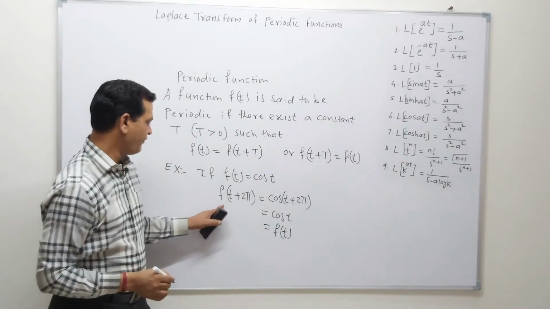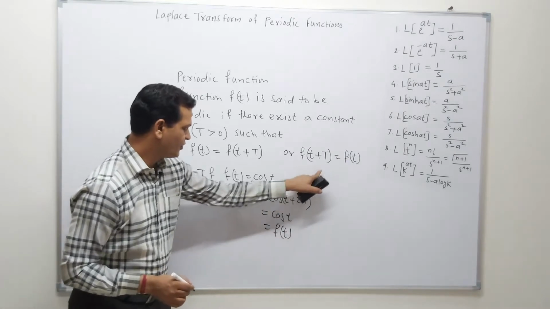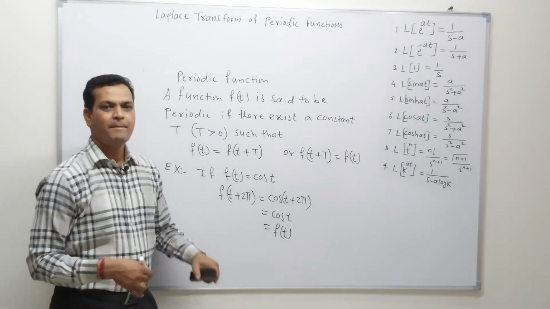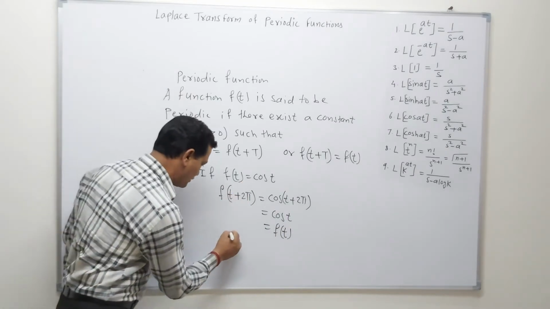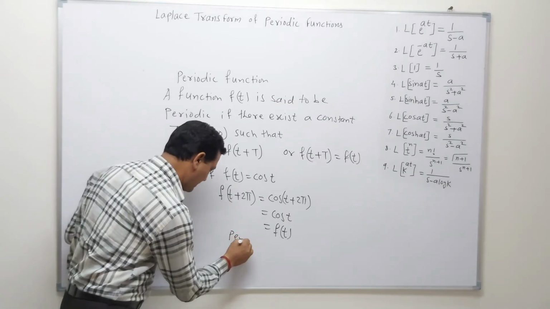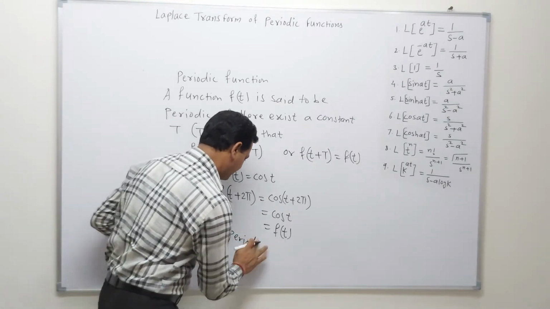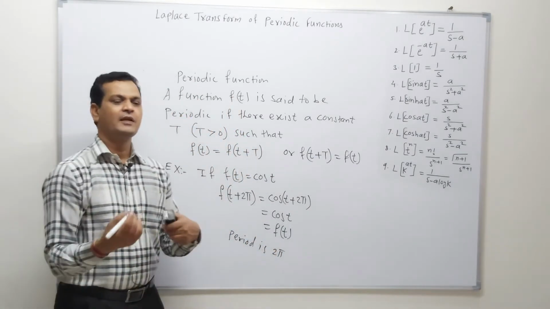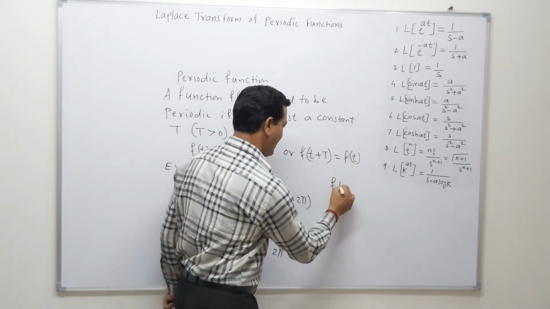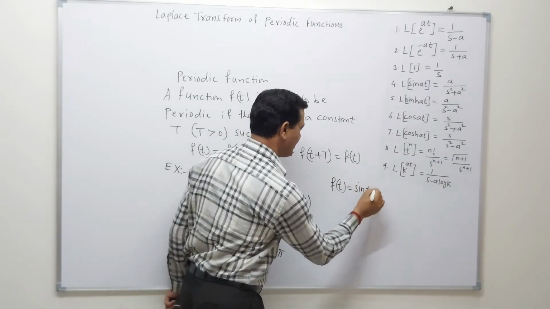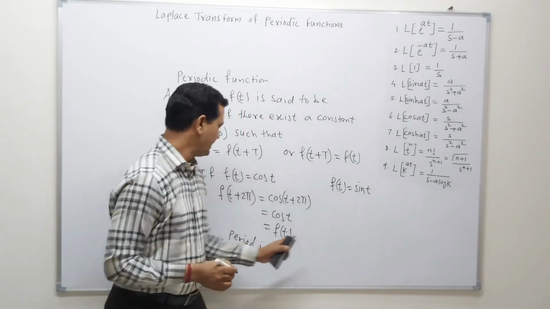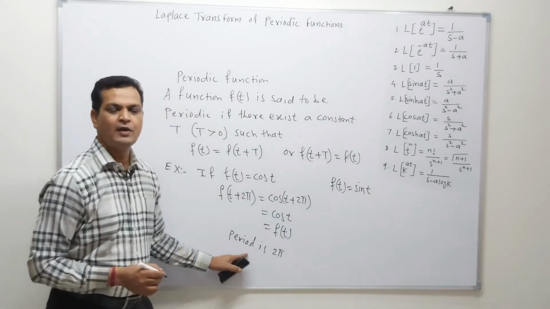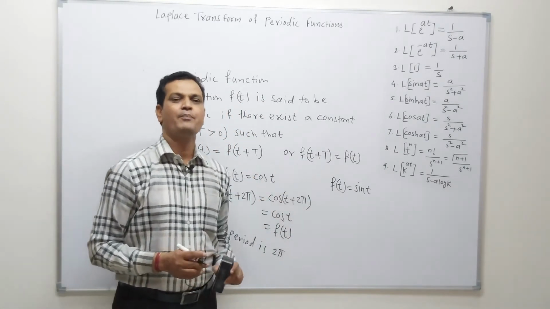That means f of t plus 2 pi is equal to f of t, similar to the definition, so the function f of t equal to cos t is periodic with period 2 pi. Similarly, if we check the function f of t equal to sine of t, then as in this example, it is also a periodic function with period 2 pi. So these are examples of periodic functions.